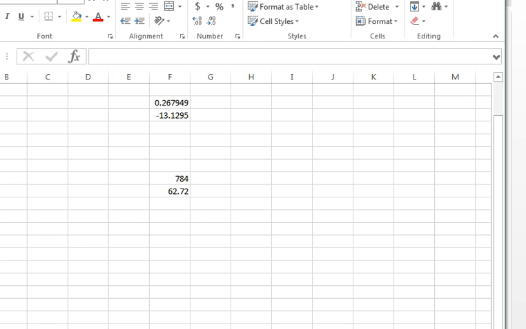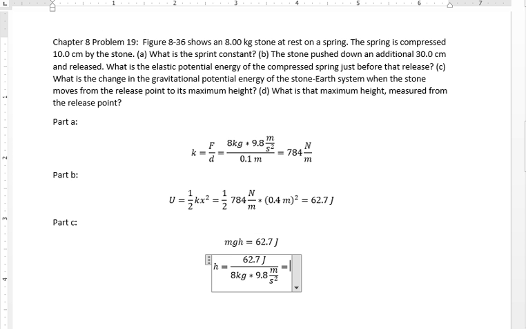All right, 62.7 divided by 8 divided by 9.8 gets us 0.8 meters. 0.8 meters or 80 centimeters is the height it goes to. And that is above the release point.